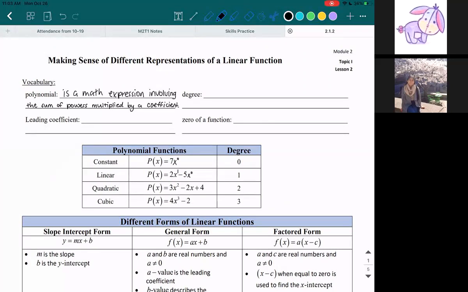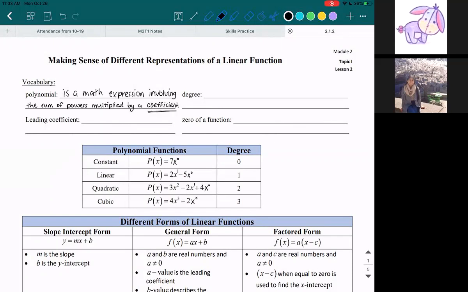So you have two powers being added together. And then in the third one, you have x to the power of 2, x to the power of 1, x to the power of 0. They're all being added together, so it's a sum of powers. And then the last one is just x cubed and x to the 0. There's two powers there. They're being added together.